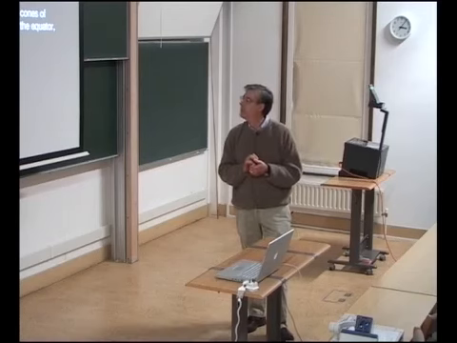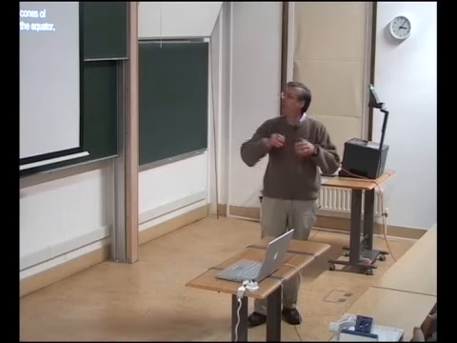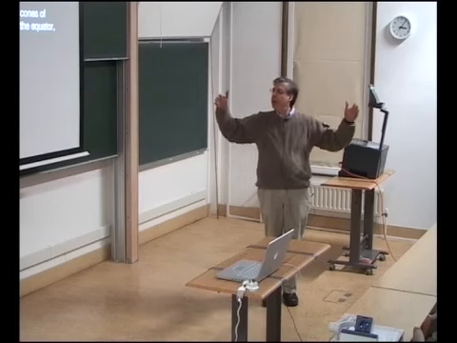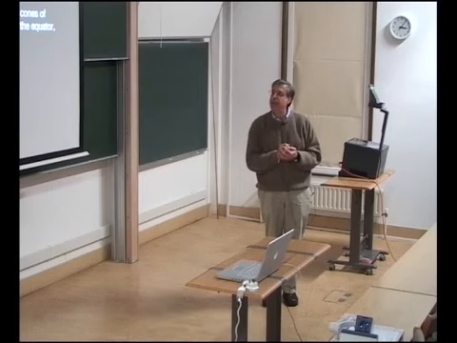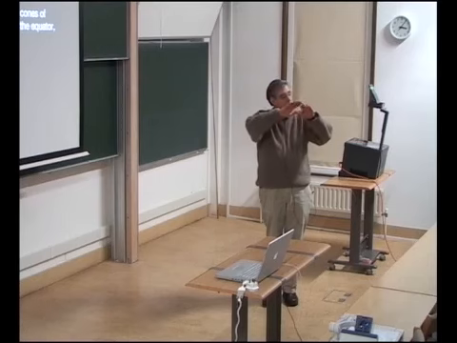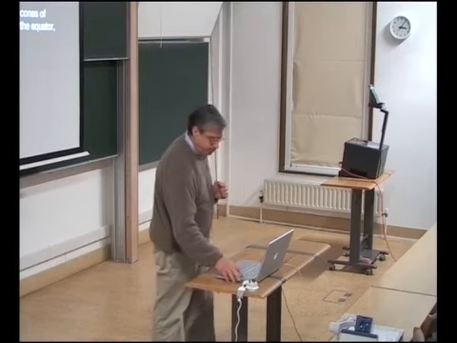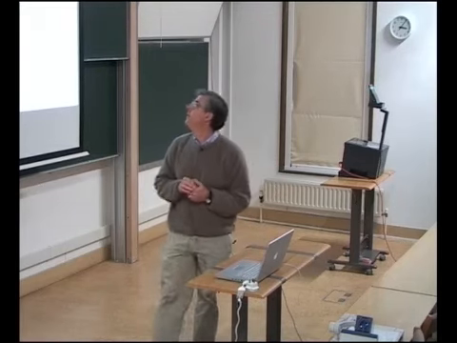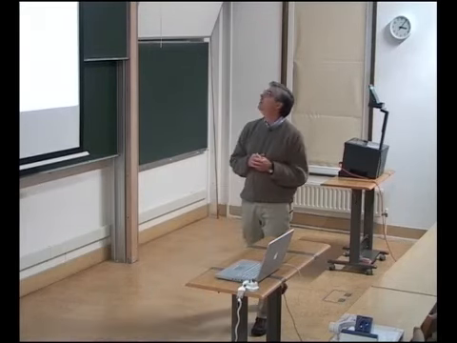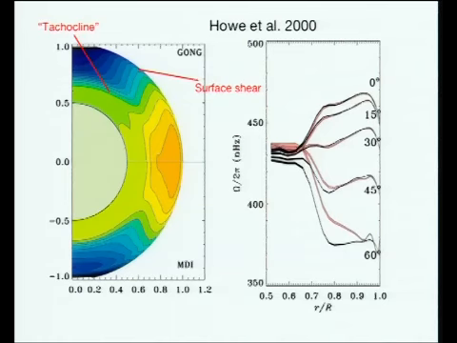So the rotation profile is approximately constant on cones of constant theta at mid-latitudes. You saw the picture in the very beginning of the talk. I'll come back to it several times. The rotation contours near the equator are cylindrical, and near the poles they tend to follow spherical surfaces.